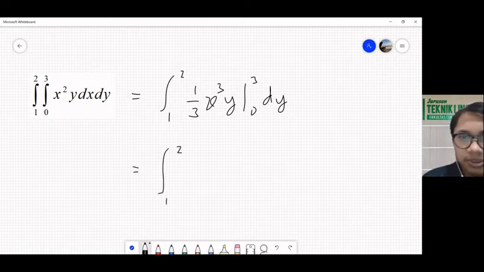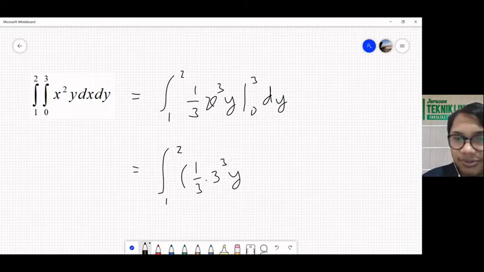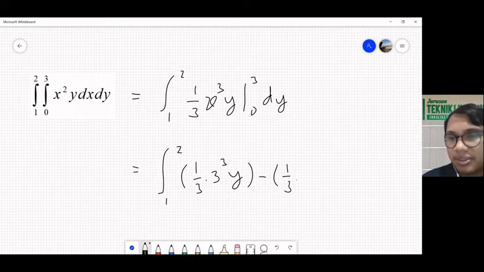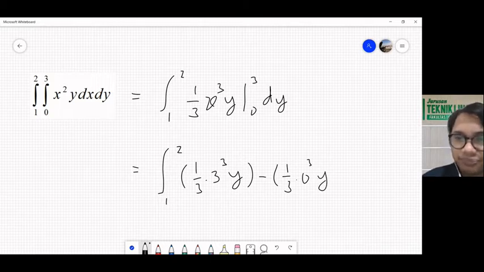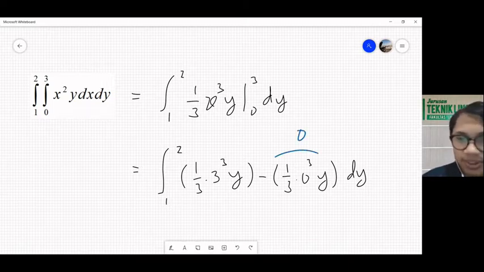So it becomes 1/3 times 3 power 3 of y, and minus, okay, I'm a little bit intelligent this time. I write everything 0 power 3 and y dy. We already know that this part is 0, definitely 0.